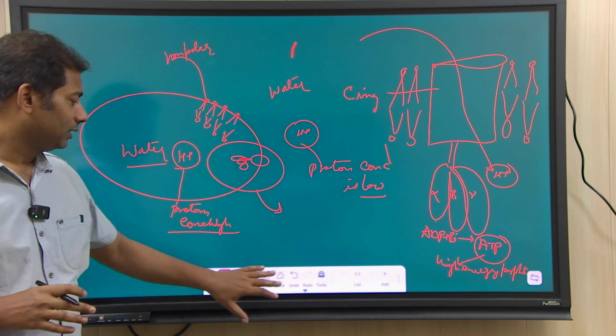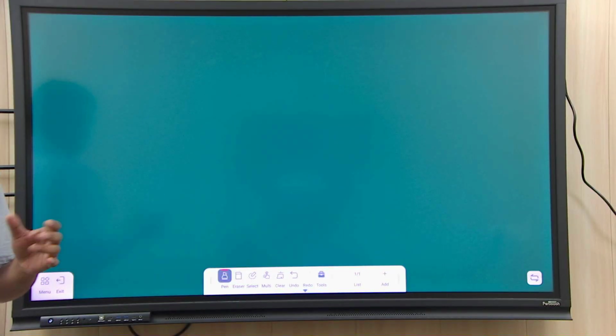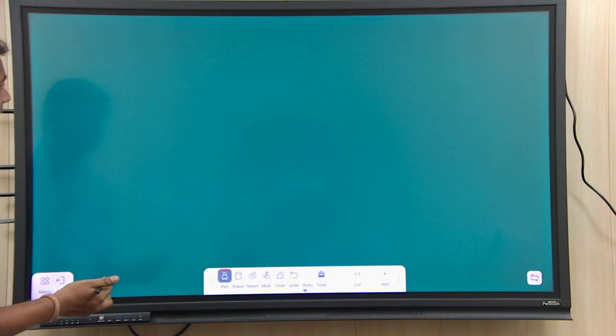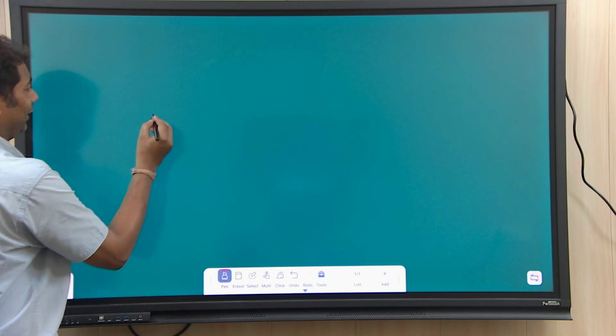This phenomenon is the same in all cases. For example, I will take the example of bacteria. Look at it.